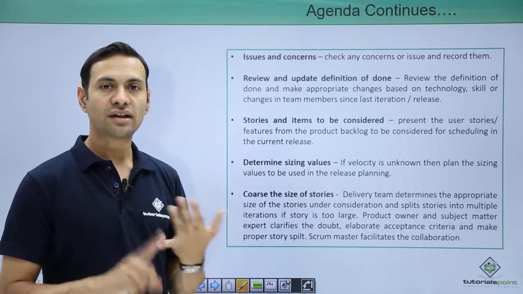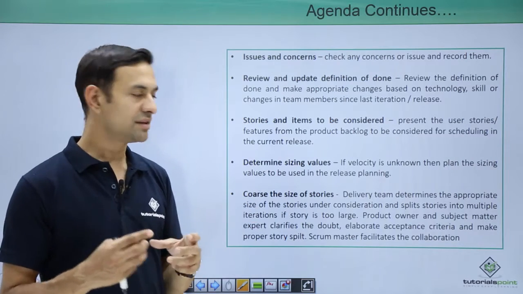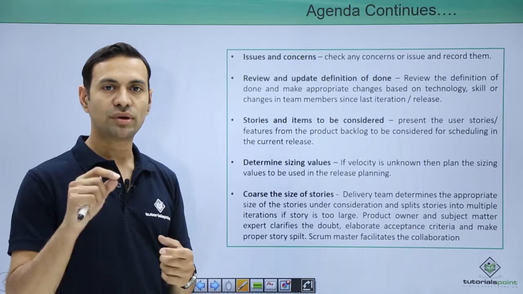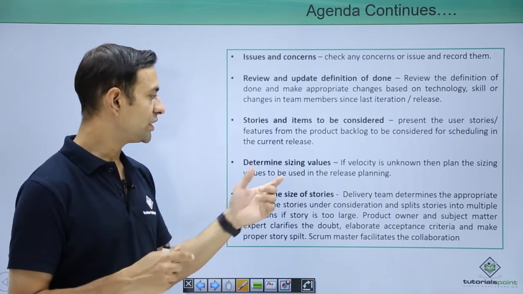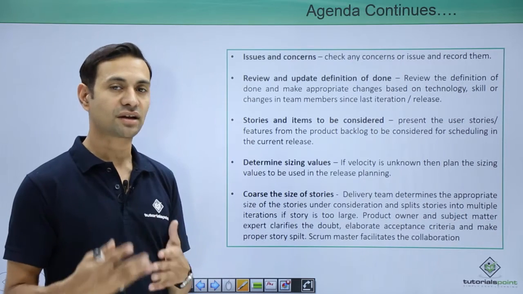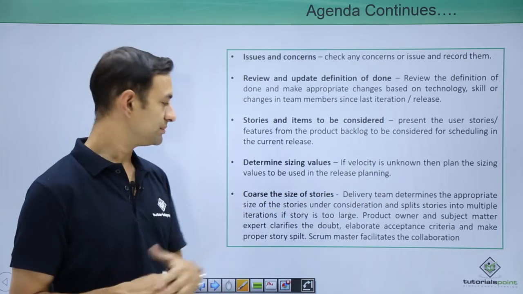These are sizes like medium, large, extra large, which say that this particular feature takes a large time to develop, so we put the estimate as L. Or if a feature is very big, we put the effort estimate as XL, that means extra large. So we have sizing instead, if velocity is not known.